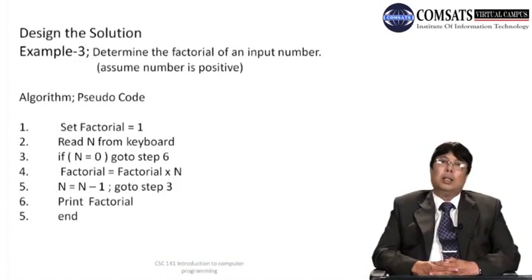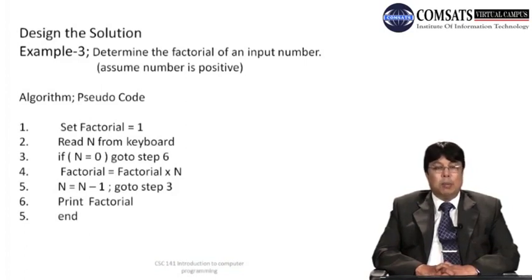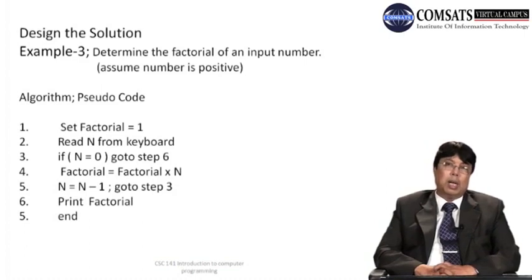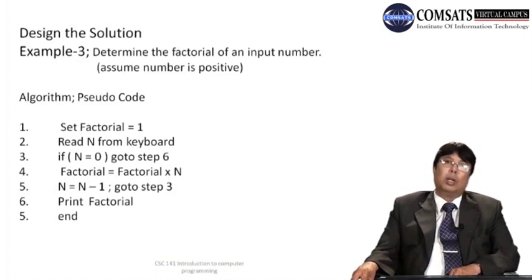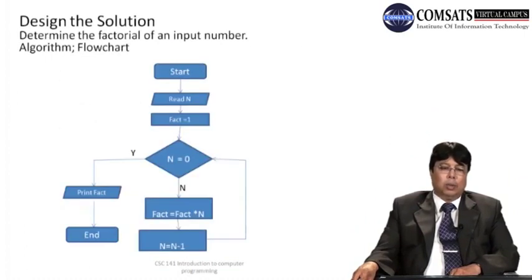So that's why the algorithm is basically your copyrighted algorithm. Once this value is reduced to 0, then thanks to statement number 3, the control is transferred from statement number 3 to statement number 6, where you will print the result and end. So we have developed a pseudocode with some more variety and more instructions. Let us see how it looks like with a flowchart.